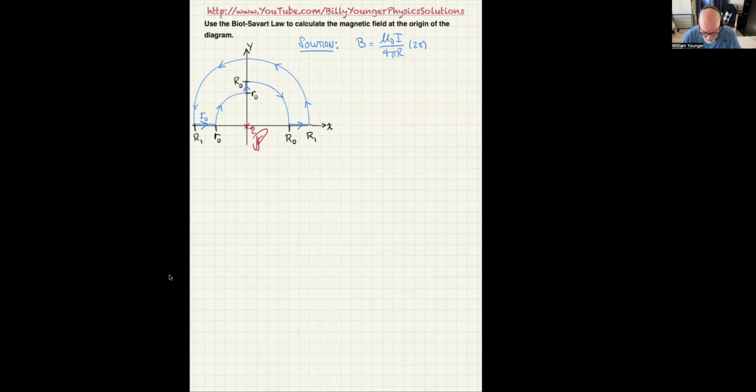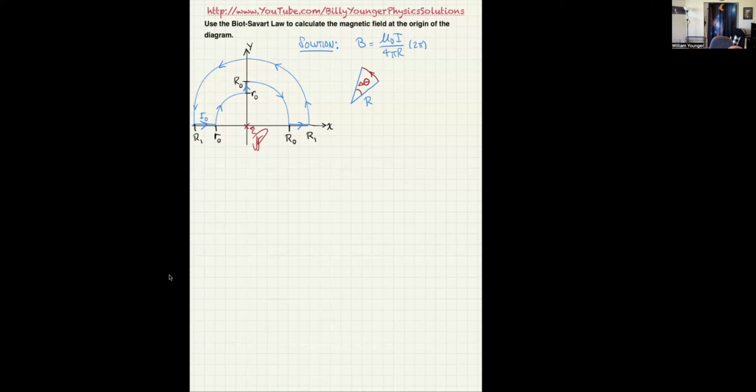I think a better way might be to write it like this. We can say if you have an arc, or a segment of an arc, of radius r, like that, this angle will be delta theta, and that will be measured in radians.